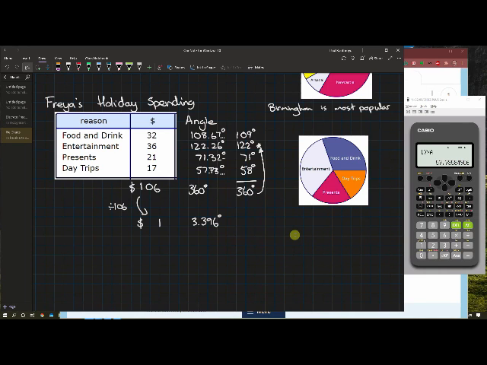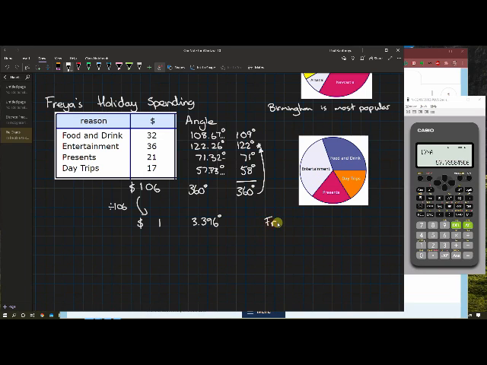Okay, so if we look at those ones, what we can see from the sectors is she spent most money on food and entertainment rather than presents and day trips. If you really got into it, you could say that she actually spent more on her entertainment, but from the pie chart, what you can clearly see is that she spent more on entertainment and food and drink.